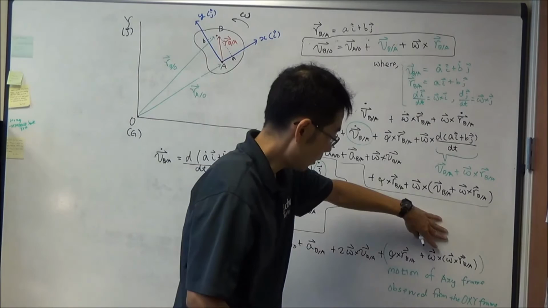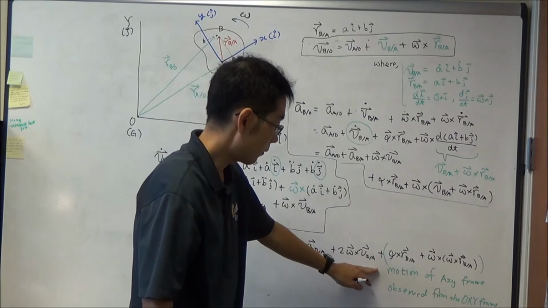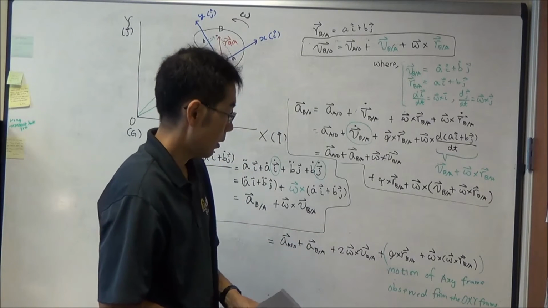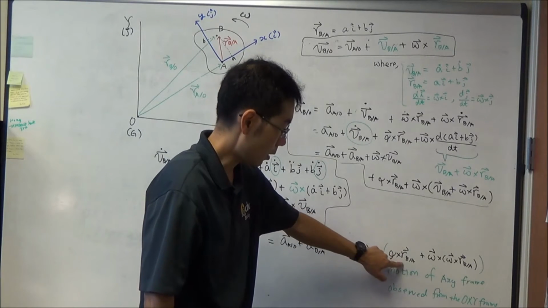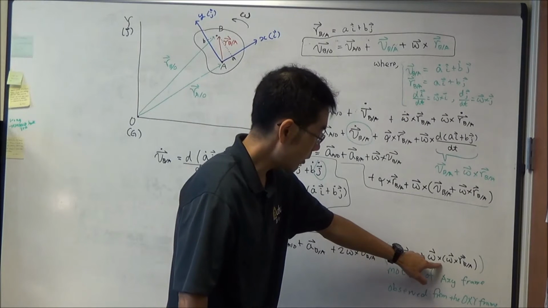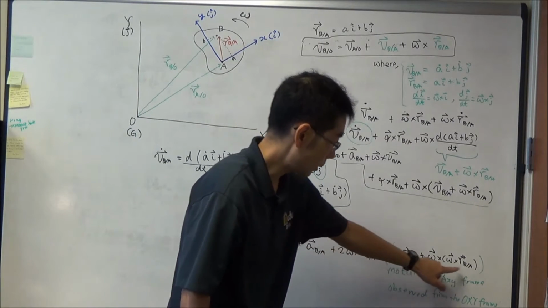So the last two terms kind of represent the motion of a rotating frame observed from the fixed frame. So this is the tangential component, so alpha r is a tangential component of acceleration, and this is the normal component of acceleration of B with respect to A. Okay?